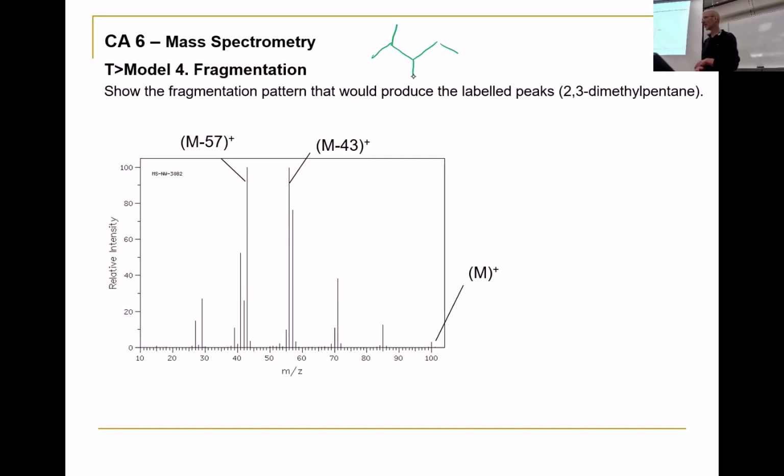So pretend this is a test question and that I'm asking you to use the proper convention to show the fragmentation pattern. Minus 15 would be a methyl group, 1 carbon, minus 29, ethyl group, 2 carbons, minus 43, that's a 3 carbon group, minus 57.